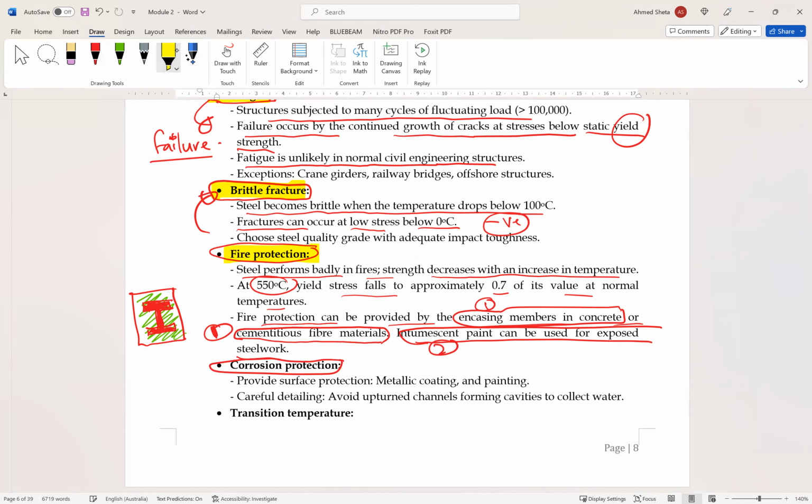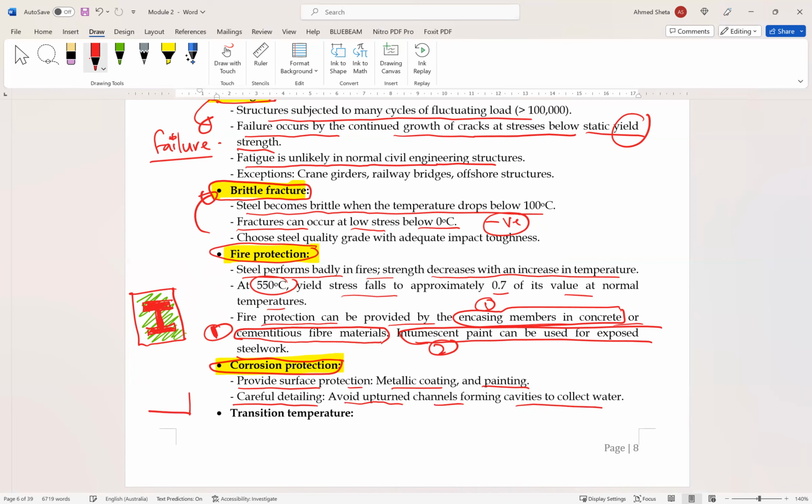As you know, steel is susceptible to corrosion due to environmental conditions like water or vapor or air. So provide surface protection like metallic coating and painting, and careful detailing of the steel structure to avoid elements forming cavities collecting water.